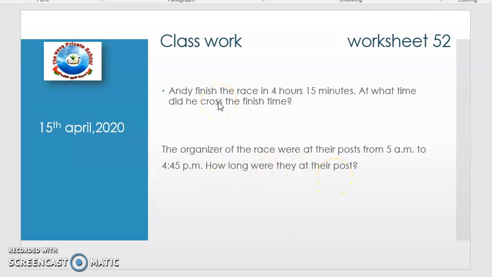On this page of the worksheet, they said that Andy finished the race in 4 hours 15 minutes. At what time did he cross the finish line?